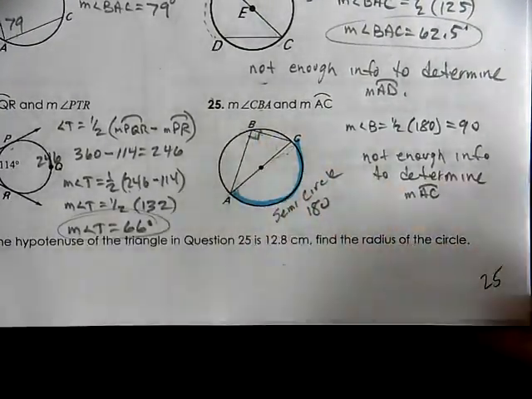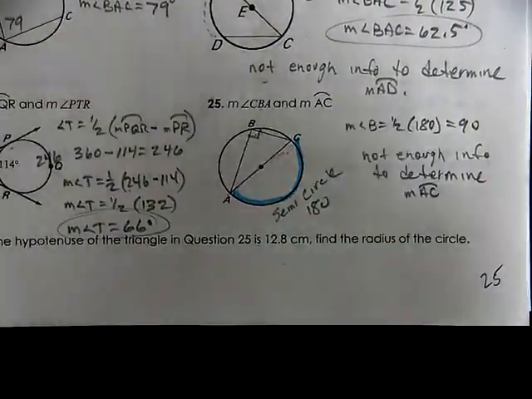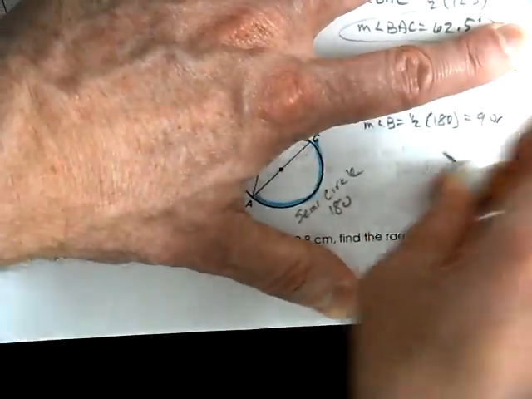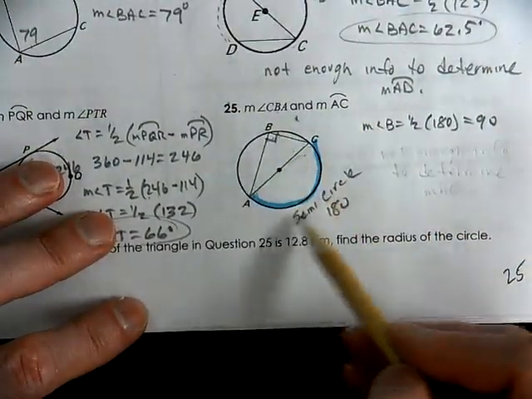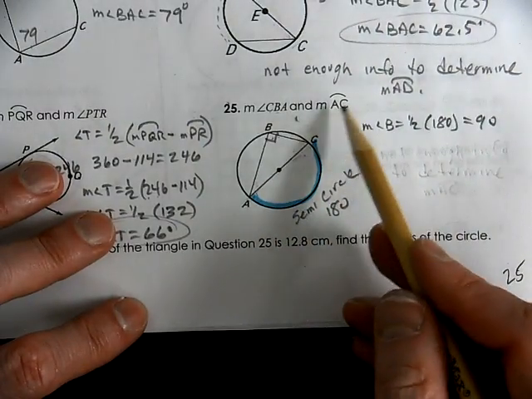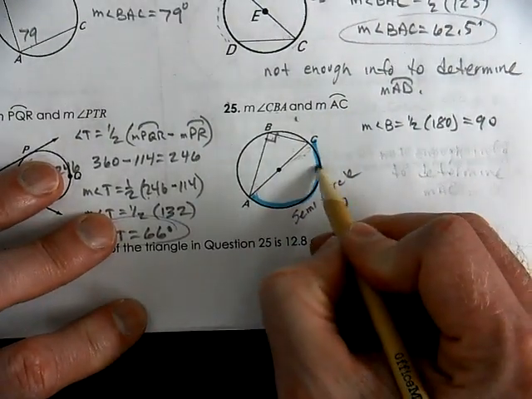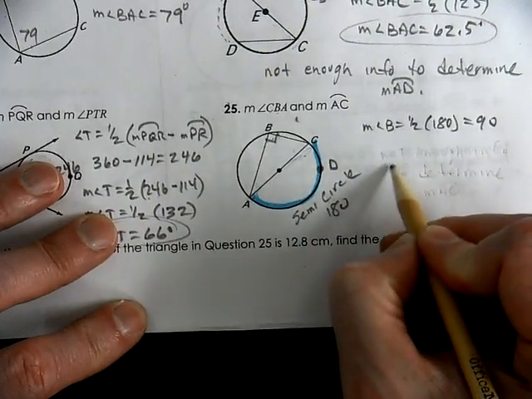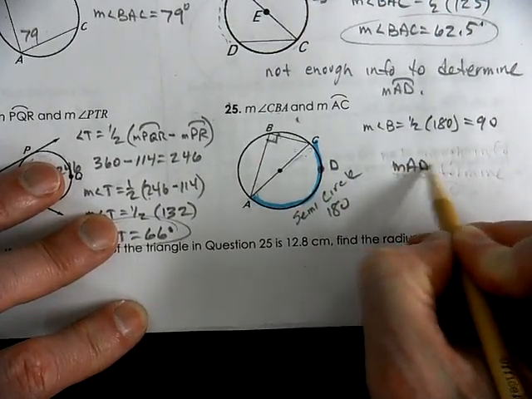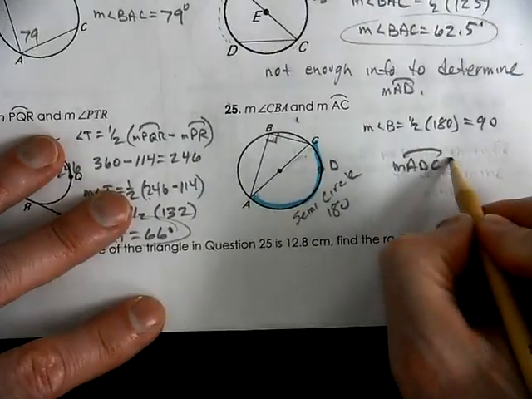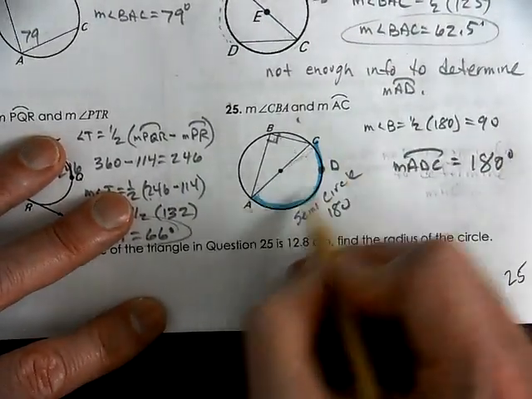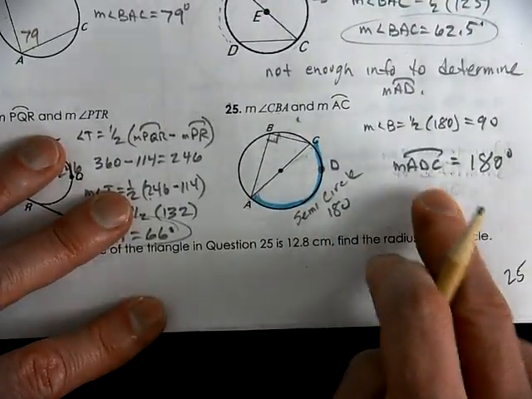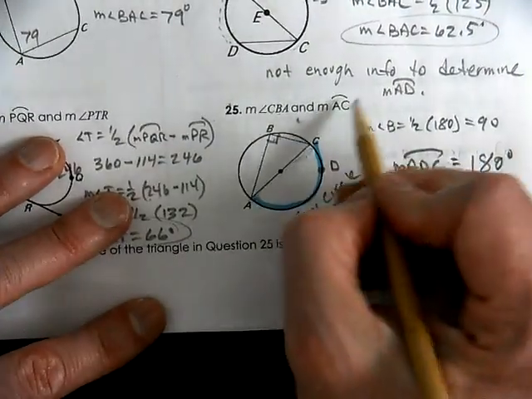I thought that was AC. I take that back. My bad. Arc AC, that is an illegal way to name it. You're not supposed to name the arc with two letters if it's a semicircle. So that's improper naming. You would need another point. So the measure of ADC, now we're making headway, is 180 because that's a semicircle. You've got to use three letters to name a semicircle, not two.